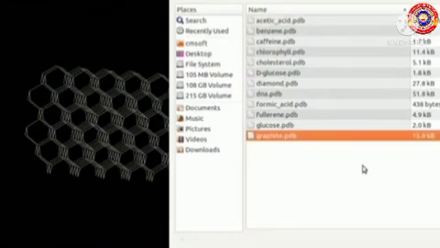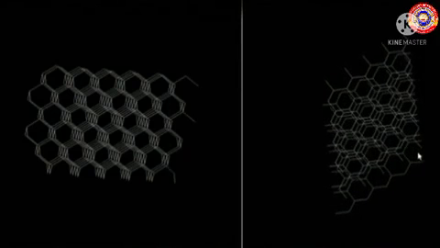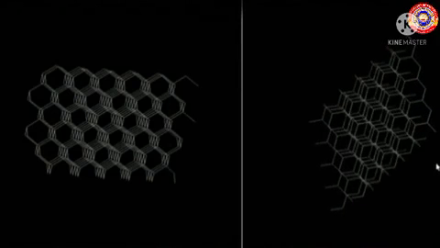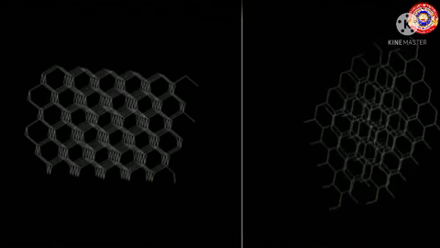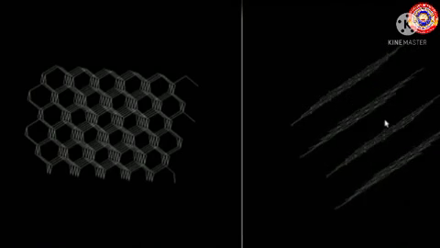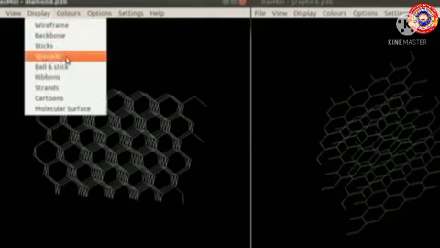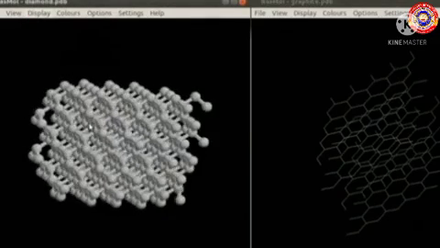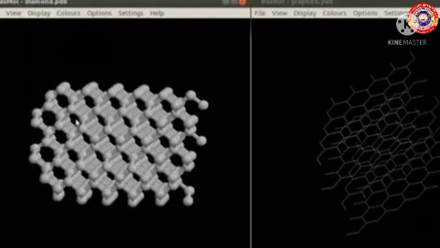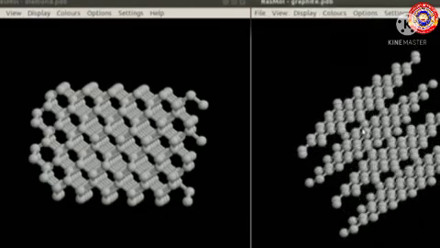This is also the wireframe model of graphite molecule. Now, to convert this to ball and stick model, we have to go to display menu and take the option ball and stick. See, this is the ball and stick model of diamond and this is the ball and stick model of graphite.